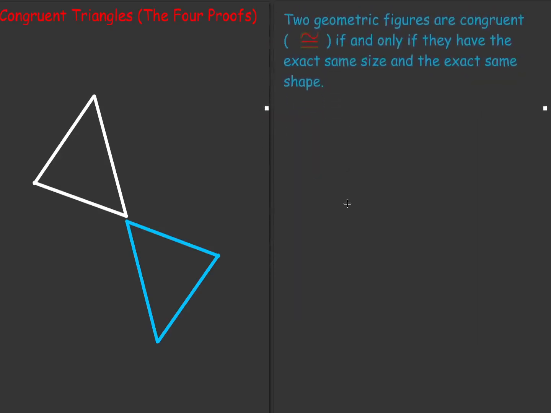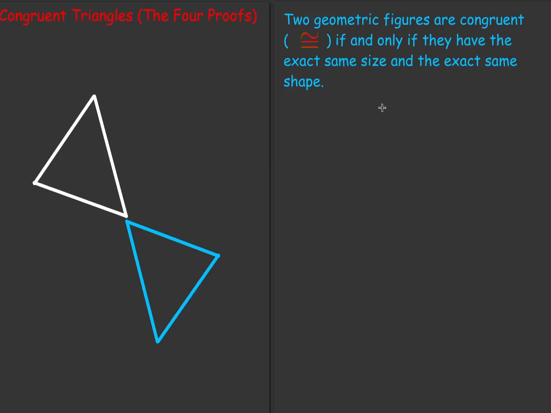Now, talking of congruence, we say 2 geometric figures are congruent, and this is the symbol over here, if and only if they have the exact same size and the exact same shape. Take note: the exact same size and the exact same shape.